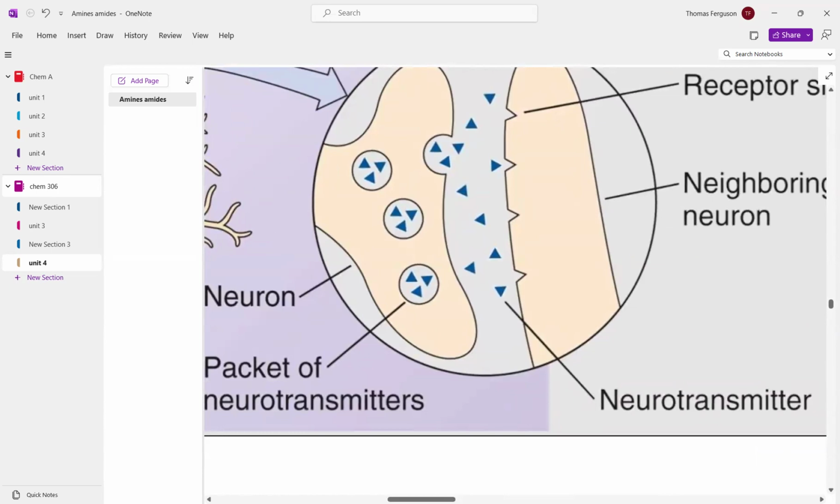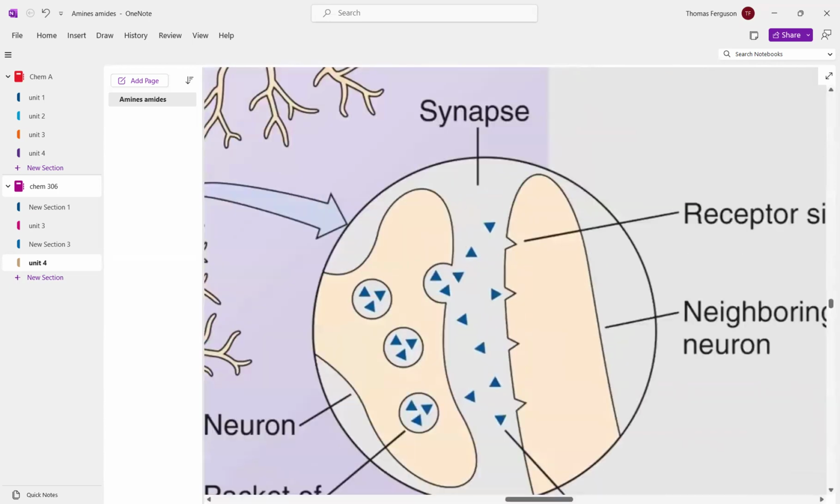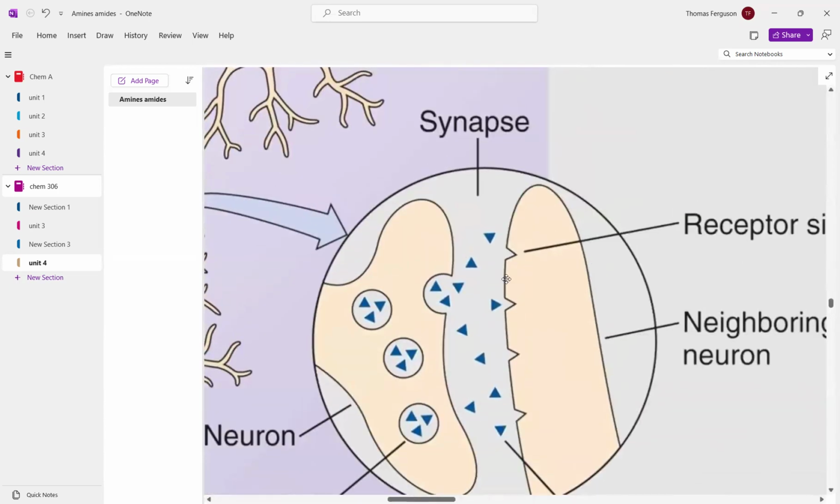Okay, so this is the gap I was telling you about between two nerves. This is the synapse gap. And that's how one nerve talks to another nerve. To do that, it does it via something called neurotransmitters.